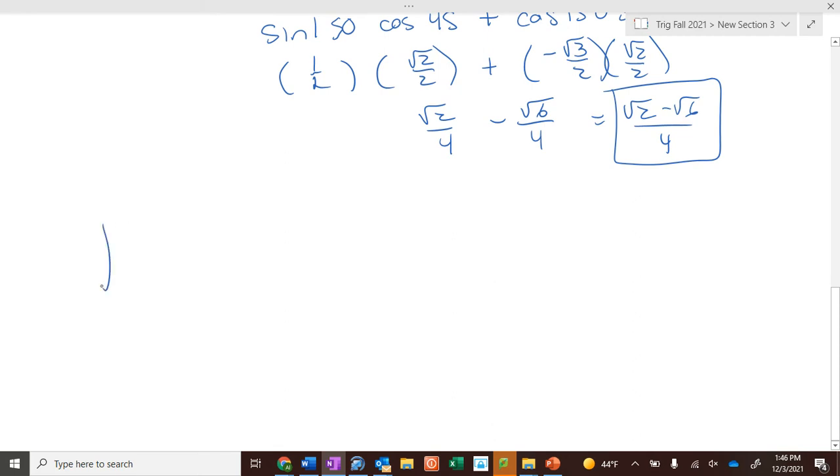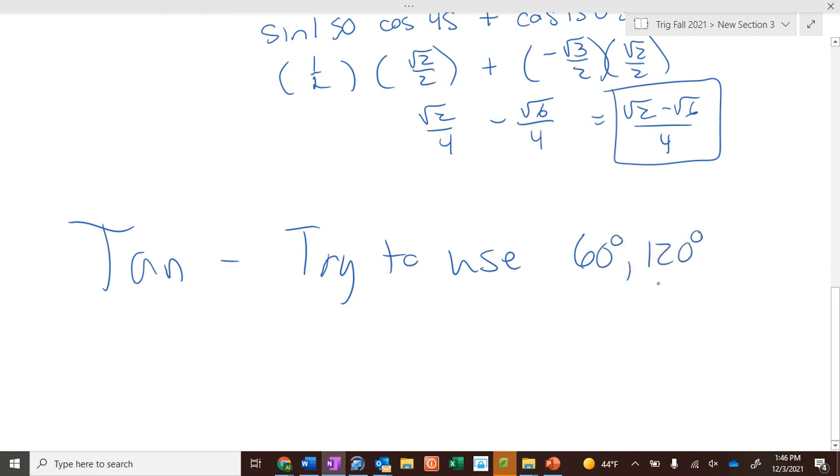Now, tangent. Try to use 60 degrees, 120 degrees, not 30 degrees or 150 degrees, because it's easier.